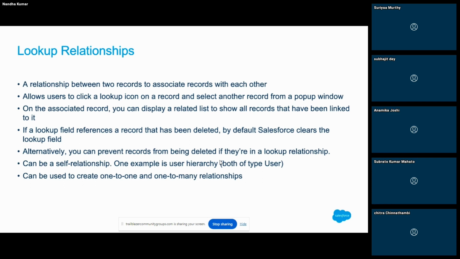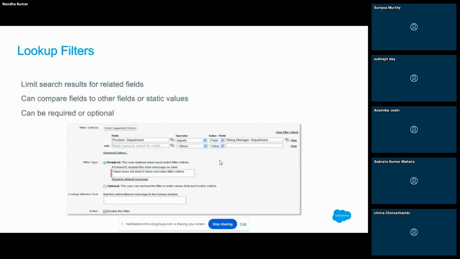That value holds the parent account name or something like that. So that particular field value will be empty. Nothing will happen to the child record itself. But when it comes to a master detail relationship, if you delete the parent record, the child record also gets deleted. I'll tell you that one also.